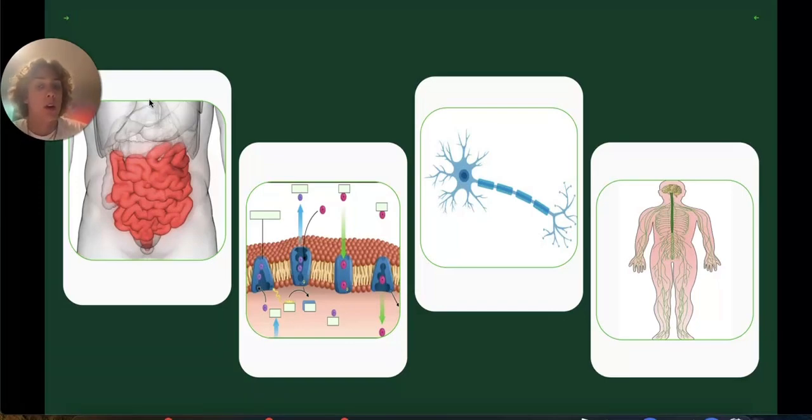Third is what neurons are used in digestion, and how the action potentials help regulate digestion. And finally, how the autonomic nervous system helps regulate digestion.